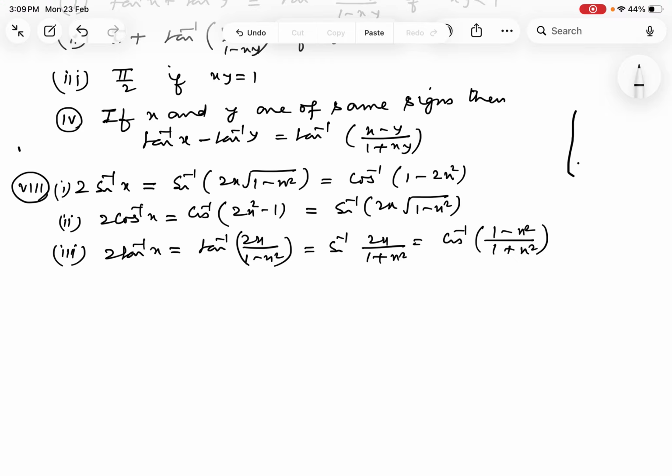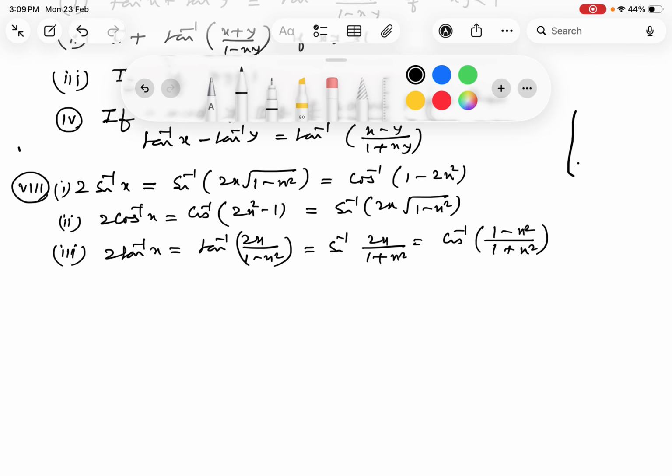9th result in this is 3 sine inverse x. 3 sine inverse x is equal to sine inverse of 3x minus 4x cube. First result.